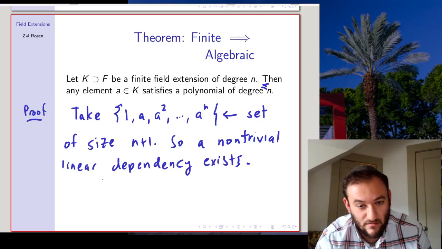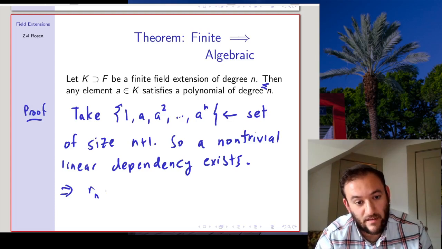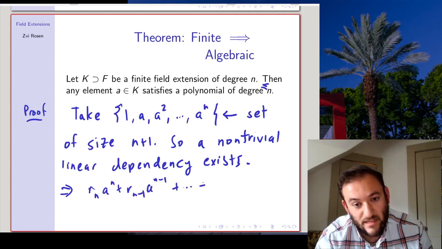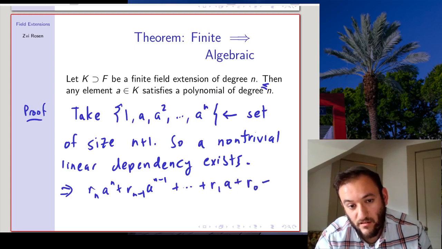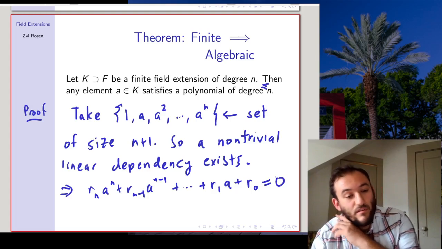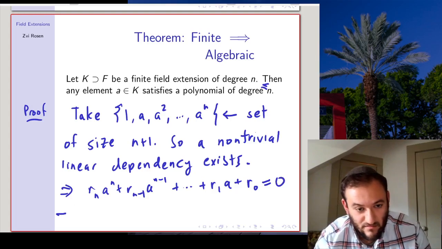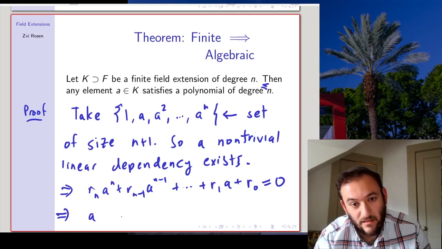Then we have Rn a to the n plus Rn minus 1 a to the n minus 1, etc., down to R1 a plus R naught equals 0, which means that a is algebraic.